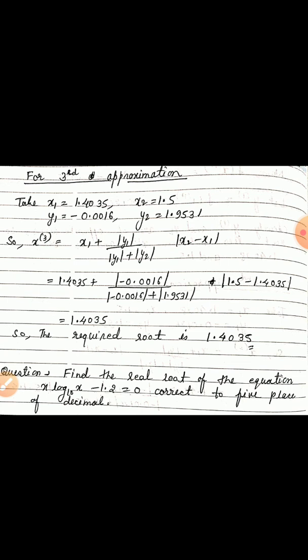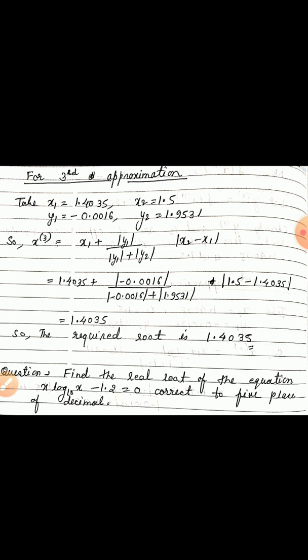So the third approximation x3 is equal to, the formula is the same, x1 plus mod y1 divided by (mod y1 plus mod y2) into mod (x2 minus x1). Substituting the values, we will get 1.4035 plus mod minus 0.0016 divided by (mod minus 0.0016 plus mod 1.9531) into (1.5 minus 1.4035).